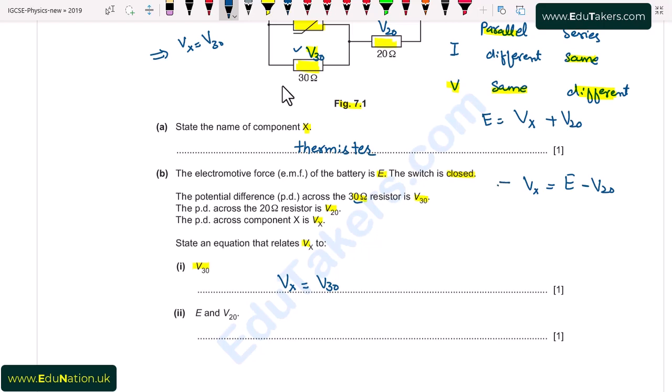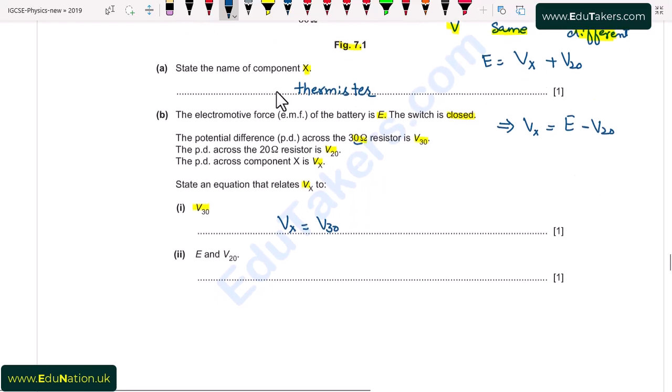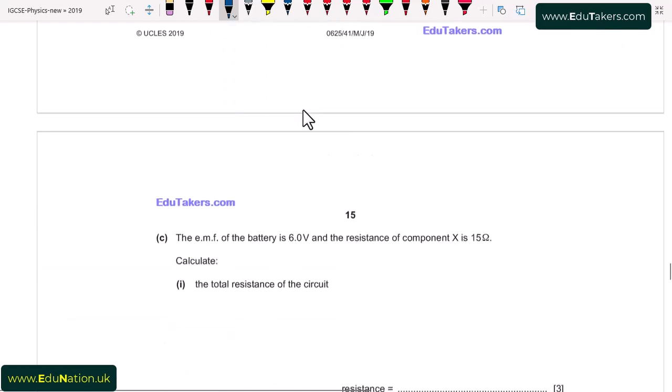By this equation we can relate the potential drop across the X component to the total EMF of the battery and the potential difference across the 20 ohm resistor. So Vx is equal to E minus V20. So going towards the next part of this question.